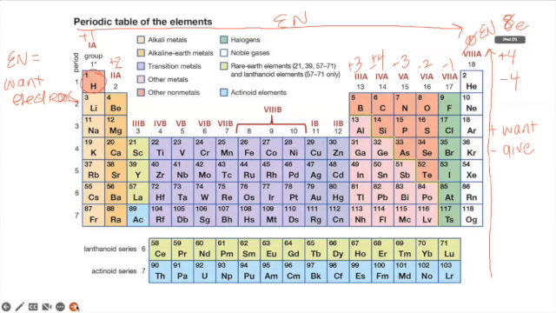The noble gases are the exception to this trend. Fluorine is going to be our most electronegative atom. He wants electrons, right? He's only 1 away from getting a bond.